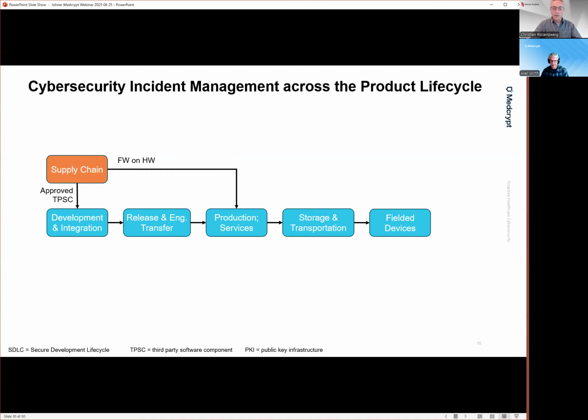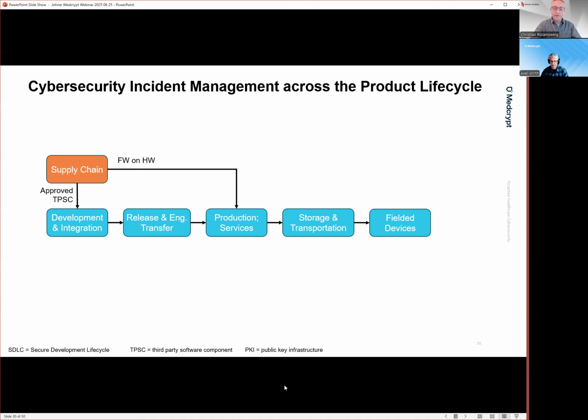You may buy a network card, you may buy a Bluetooth radio and other components that come with firmware on the hardware, so they don't get into your product through what we used to call in the olden days the gold disk, but they get into your product through your hardware. They still should be approved by engineering and tested for security, but they may change if your supplier doesn't communicate that change to you. You may have to deal with a surprise.